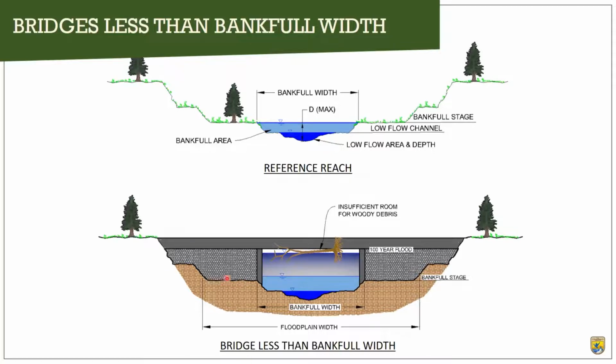They maybe fill the floodplain and put in abutments in order to reduce the bridge span and come up with a cheaper bridge. So these bridges are going to affect channel function and stream function just as much as an undersized culvert width would. So we would not want to see bridges installed that are less than bankfull width.